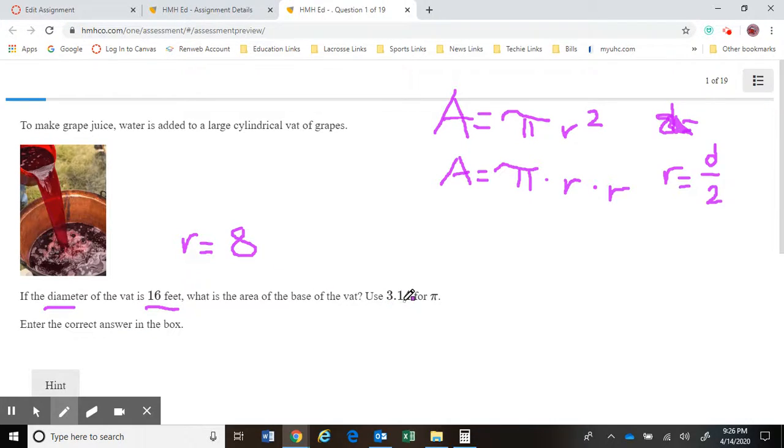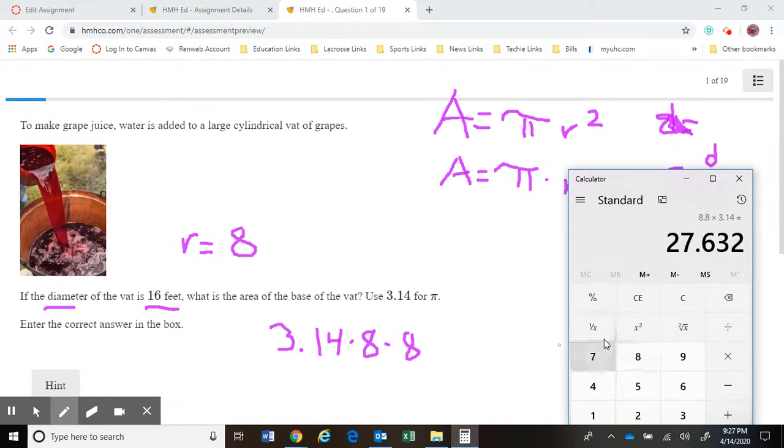And it says use 3.14 for pi. So again, area is going to be pi times radius times radius. So this is like saying 3.14 times 8 times 8. Okay. All right. So let's do the math. 3.14 times 8 times 8.